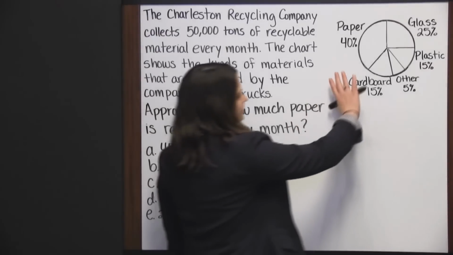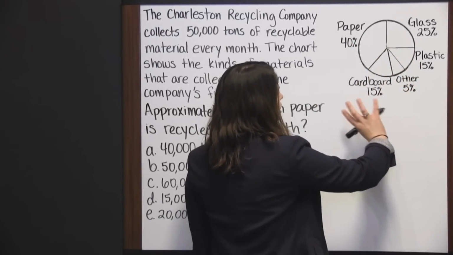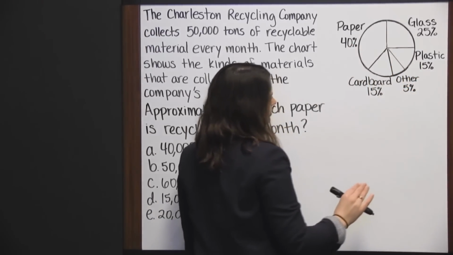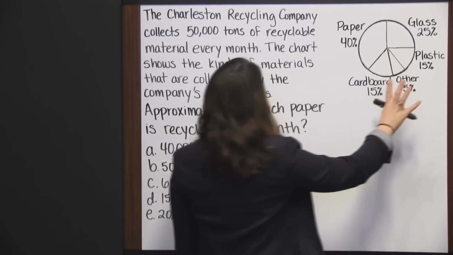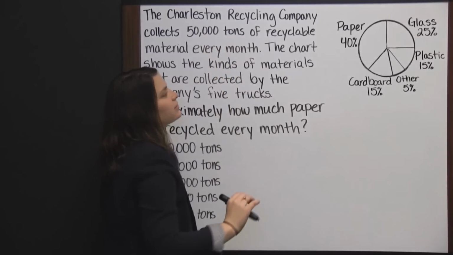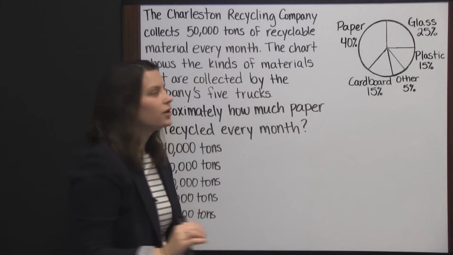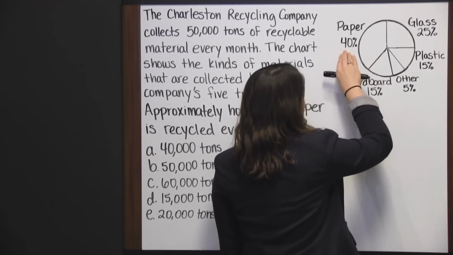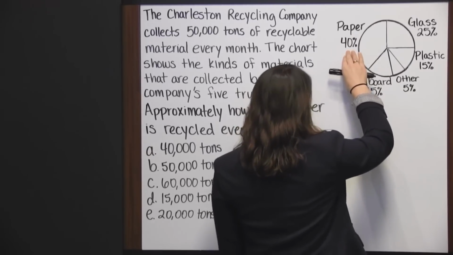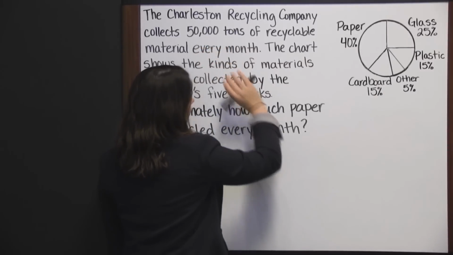This pie chart is a total of 100%. And it's a total 100% of 50,000 tons. So this 40% means 40% of the total.